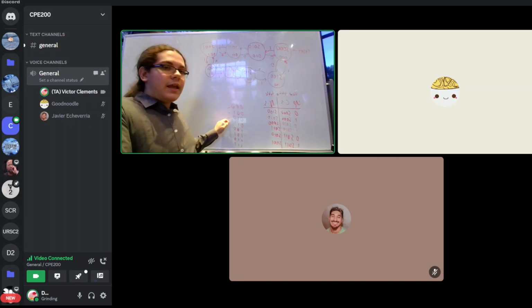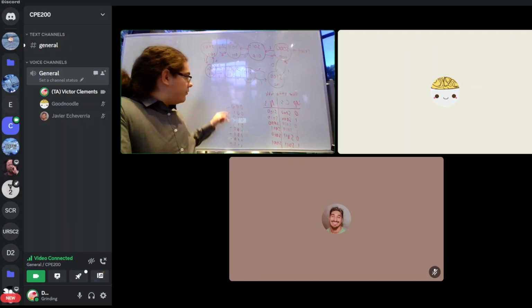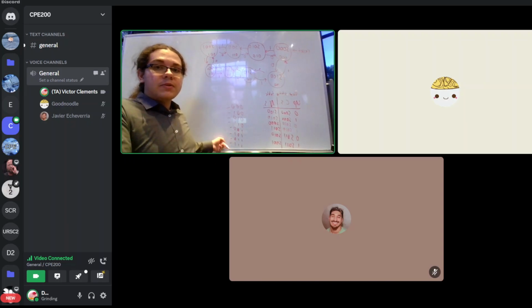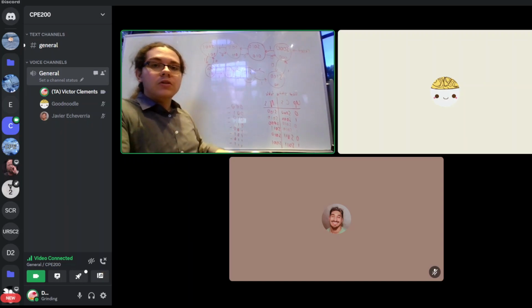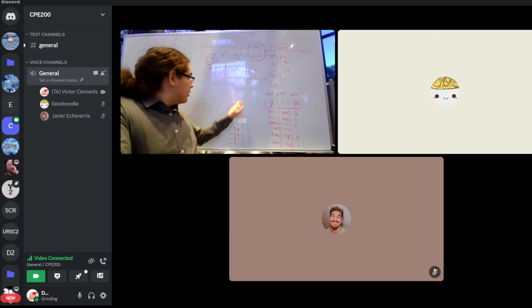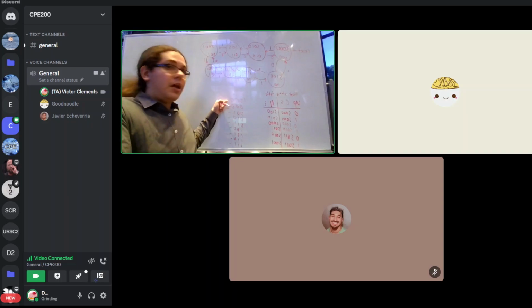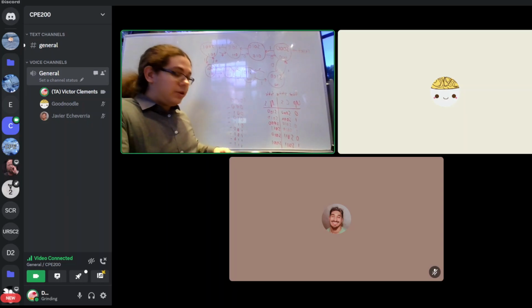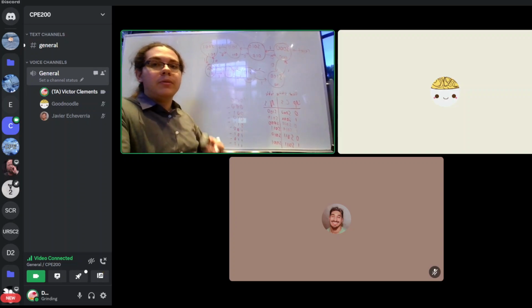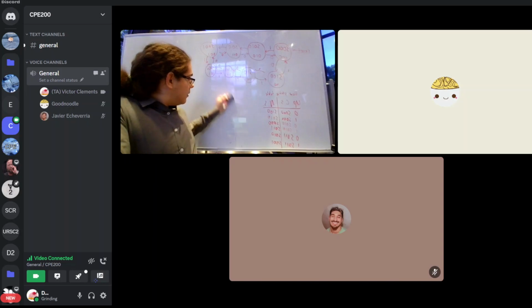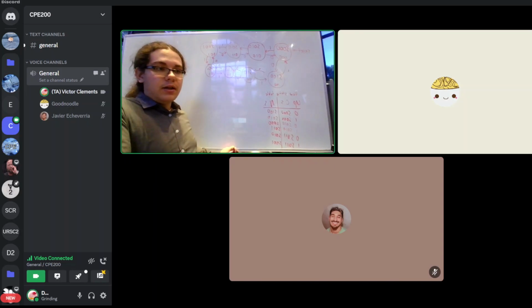There are only 8 possible combinations if you go from 0 to 7, so you can represent 8 separate states. If we had to represent a 9th state, we would have to use an extra bit for the number 8. So we only need 3 bits for binary encoding, whereas if we had done one hot, we would need 8 bits. We need 1 bit per state. So with that in mind, I'm going to go ahead and draw the state encoding.